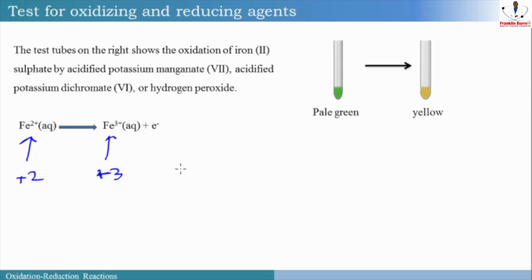So if we're using potassium permanganate, when it oxidizes Fe2+ to Fe3+, itself will be reduced from Mn +7 to Mn2+, which is colorless. So this is the basic idea behind the whole process of oxidation and reduction.